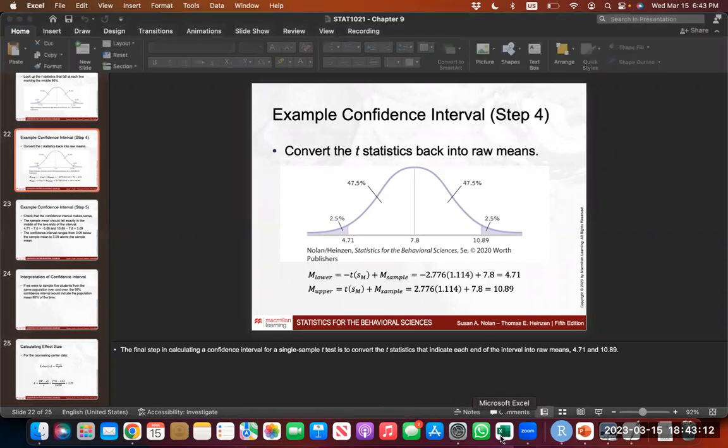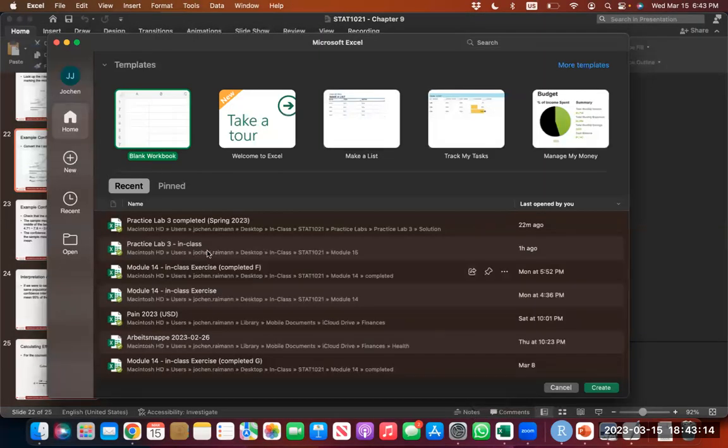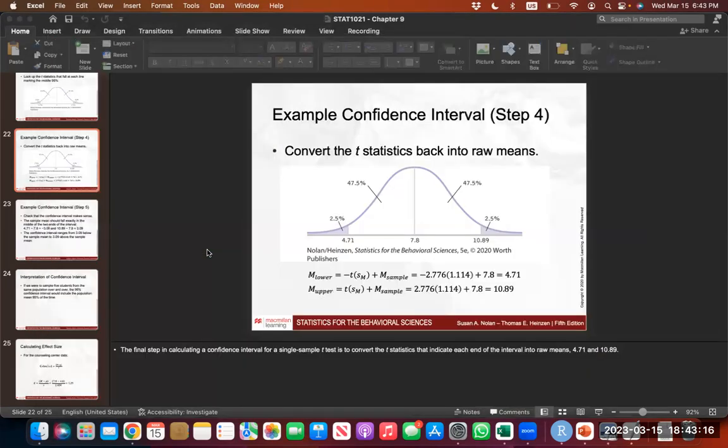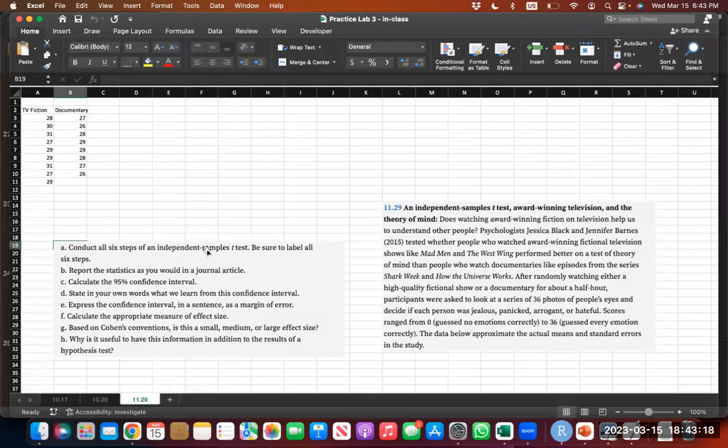Good. So now, for today's class, we have a practice lab. We have 3 PowerPoint presentations, so these are the 3 slide decks. Then we have 1 Excel spreadsheet, practice lab 3.